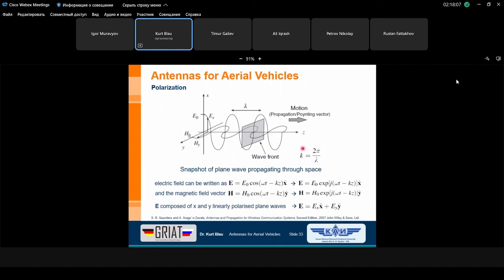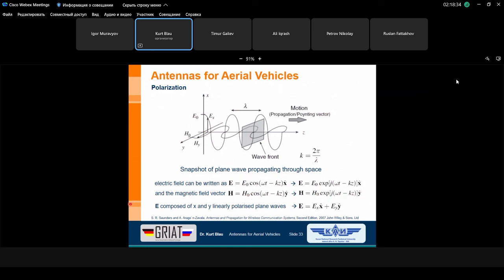But regarding what I have explained, you have in parallel to each Y also an EY, a very small component. And you can see it here or here. This is the general description of the E field vector in this direction, and the same for the H field in this direction.